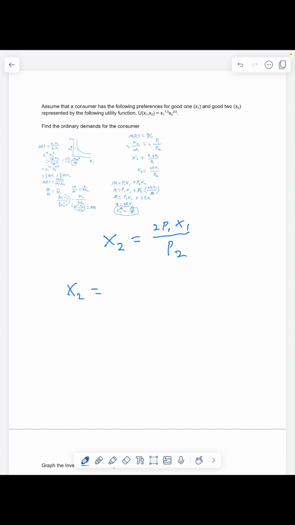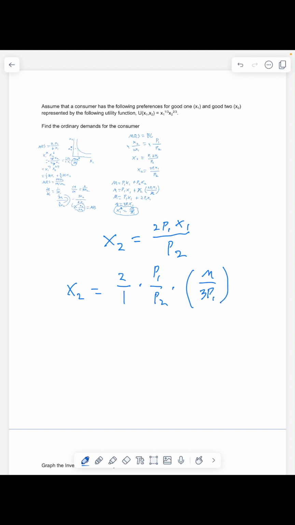I also find it kind of helpful to space out our variables here to not get confused. One thing is the bottom denominator here is the same thing as having a 1 here. So if we were going to space this out, we could write 2 over 1 times p1 all over p2. And then multiply this by our x1, which is our ordinary demand that we just found, which is m over 3p1.